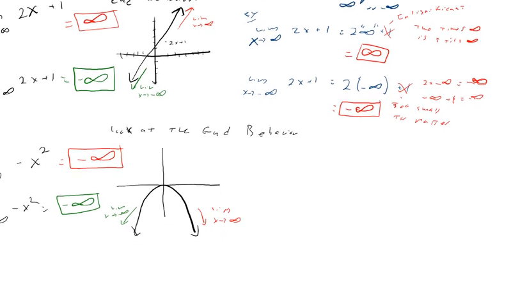We can do the same thing with this negative x squared. If I do the limit as x approaches infinity of negative x squared, if I imagine plugging in infinity, I'm going to get negative infinity squared. So what's negative infinity squared? Well, infinity squared is still infinity.